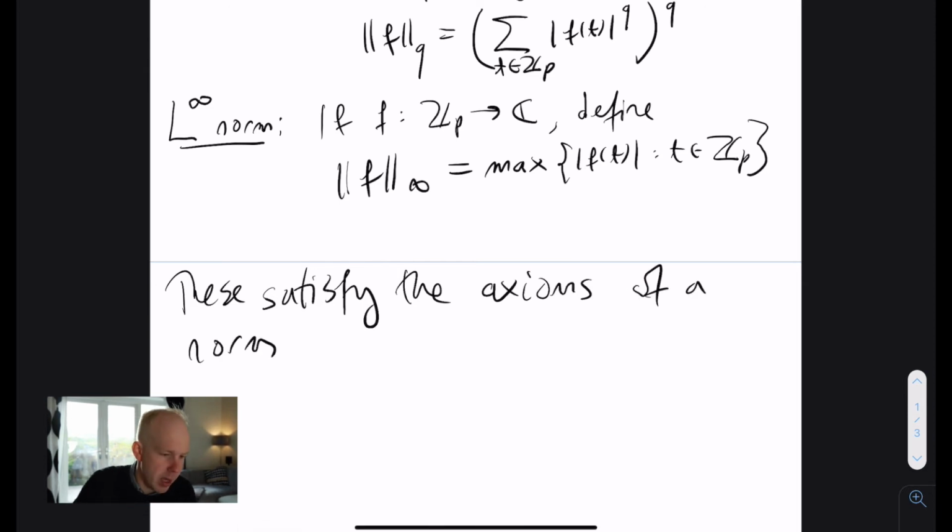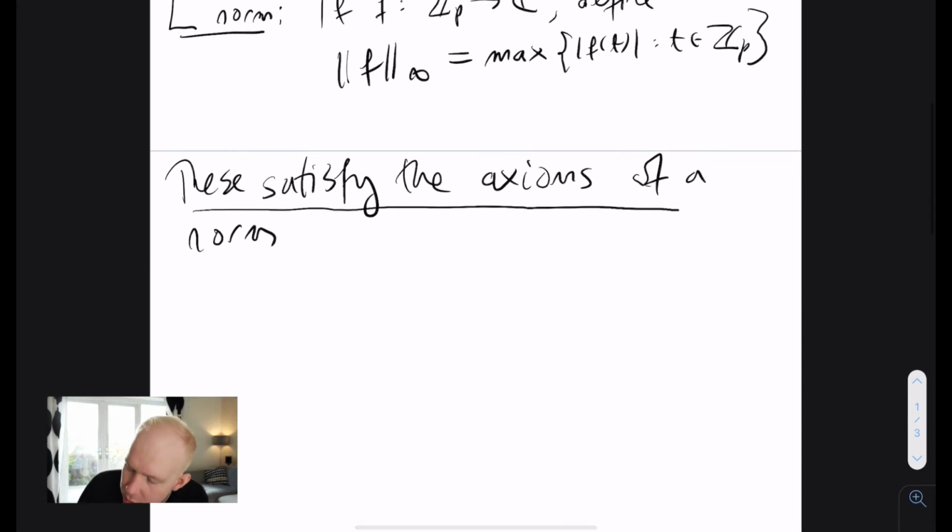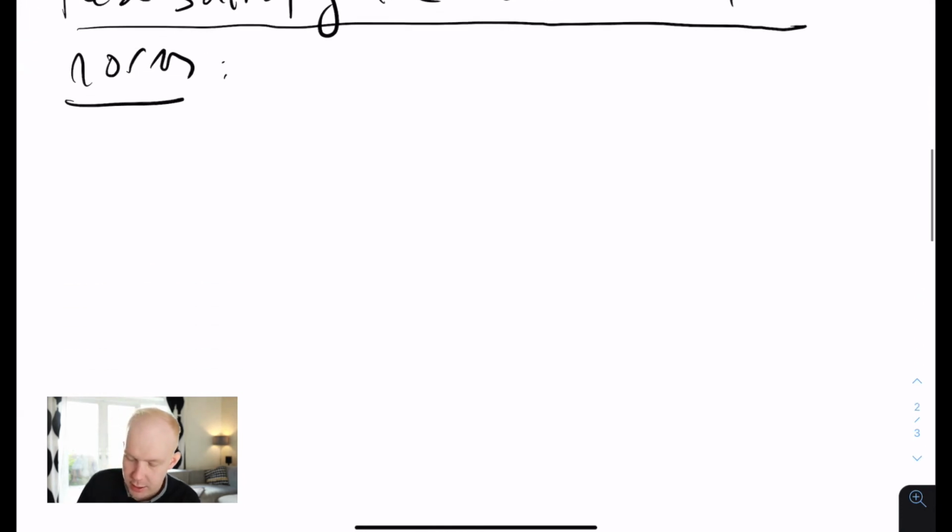So that's the basic thing, there are axiomatic properties that we have, which can be useful in some of the analysis that we are doing.